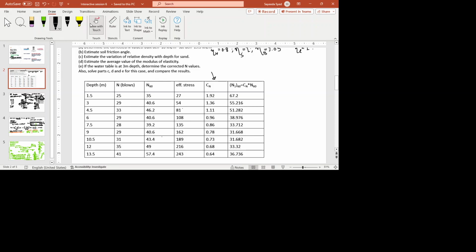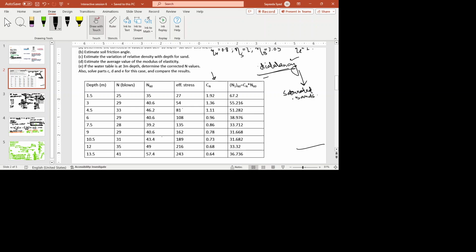Okay, so now the second correction was the correction for dilatancy. You should know that this correction is only done for saturated soils, sands actually. Since our water table is quite below, we will not be taking this correction in this part of the question.